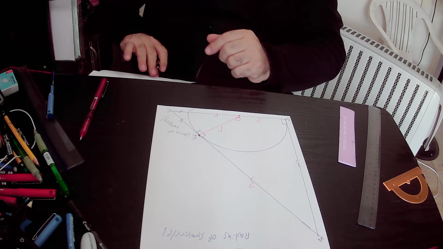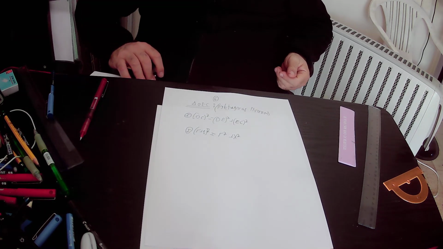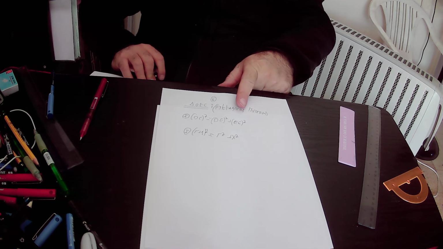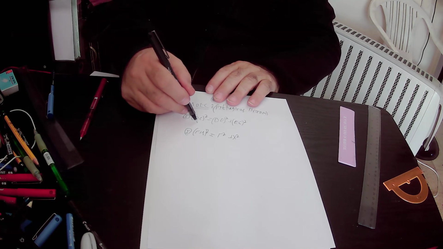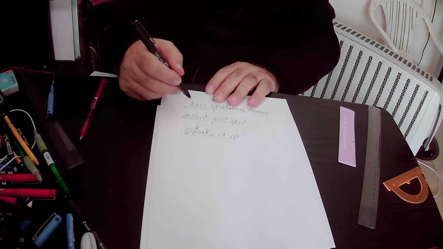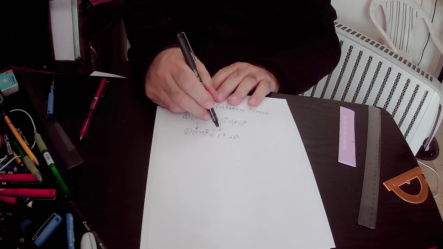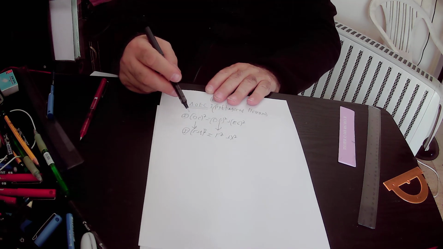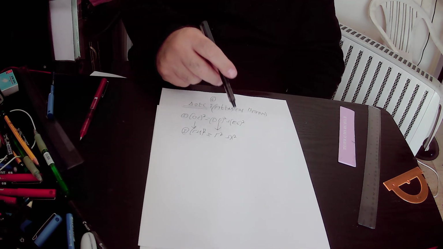So in total, in equation number 1, OC squared equals OE squared plus EC squared, we got that (r plus 1) squared equals r squared plus x squared.